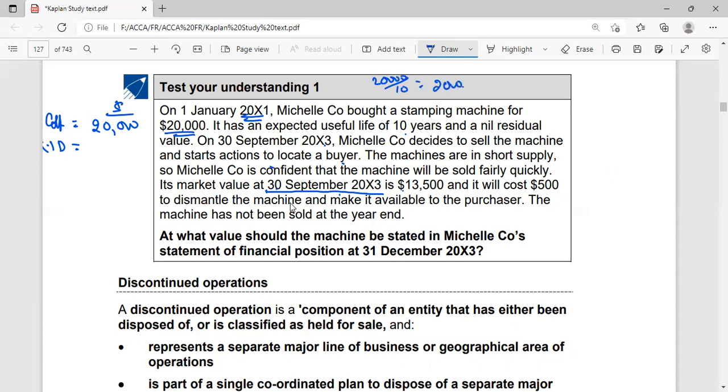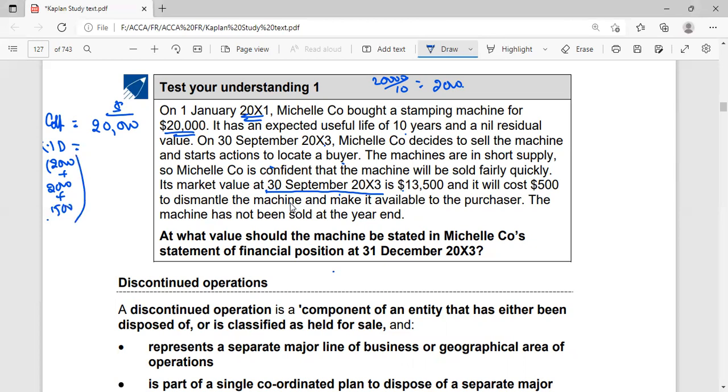In the third year, in 2003, we utilized that asset for how many months? 9 months. So we provide depreciation of 2,000 for the first year, 2,000 for the second year, and in 2003 we need to provide it for 9 months. So 2,000 into 9 by 12, 1,500.